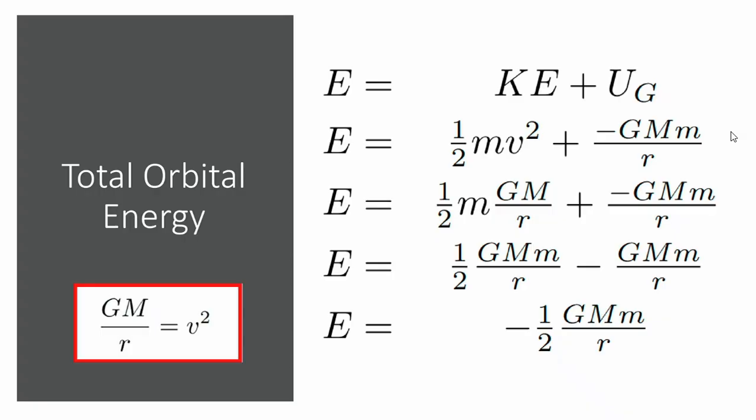The total energy just depends on a constant, the mass of the planet that the object is orbiting, or the Sun, the mass of the orbiting object, and then the radius of its orbit. And the fact that this energy is negative is just telling you that this is a bound orbit. A satellite going around the Earth is not going to escape from Earth's orbit, and so this negative sign tells you that it's basically stuck orbiting that object.